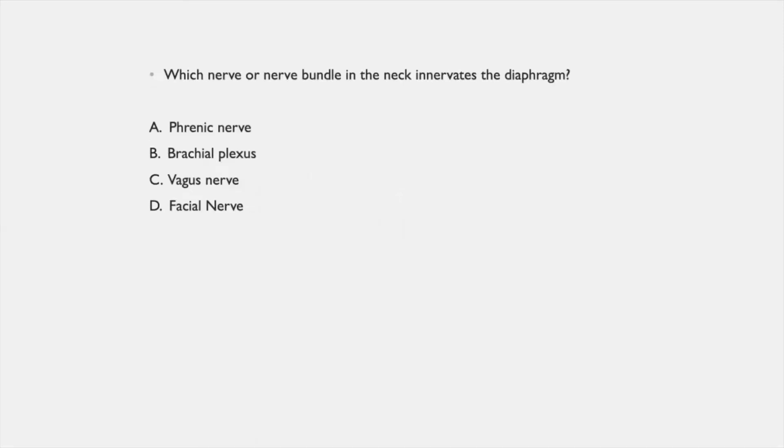Third question, which nerve or nerve bundle in the neck innervates the diaphragm? Is it A, the phrenic nerve, B, the brachial plexus, C, the vagus nerve, or D, the facial nerve? The answer is A, the phrenic nerve.